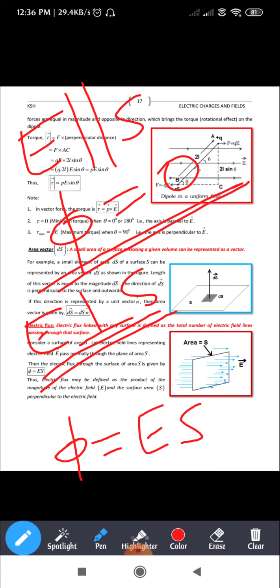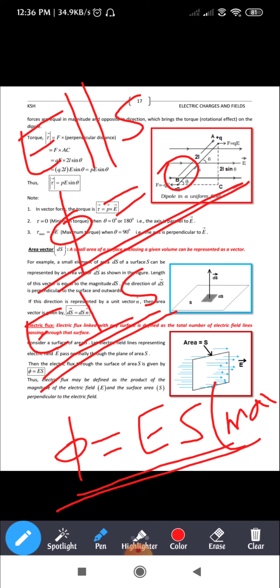I'll just repeat once again. When the electric field is perpendicular to the surface, we say that the electric flux is maximum, and the equation for that comes out to be phi equals E into S. Suppose you place the surface parallel to the direction of electric field, or the electric field is parallel to the surface.